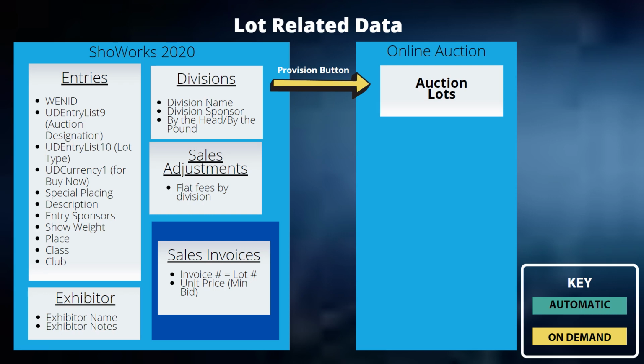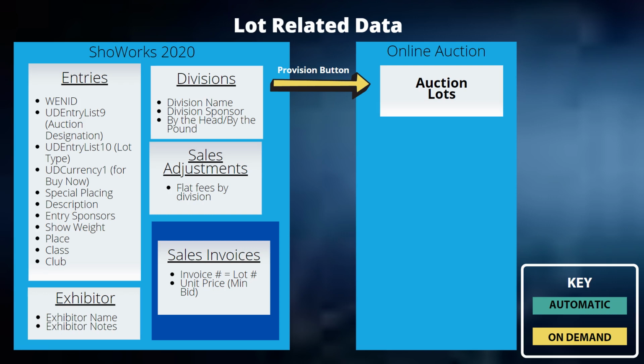If you do a buy now type sale, that'll come over. Any special placing, descriptions, all of that good stuff will come over. The exhibitor name and notes will come over. Any divisions that you've placed on those entries, those lots will come over, and then any sale adjustments that you may have attached to those divisions will come over as well.